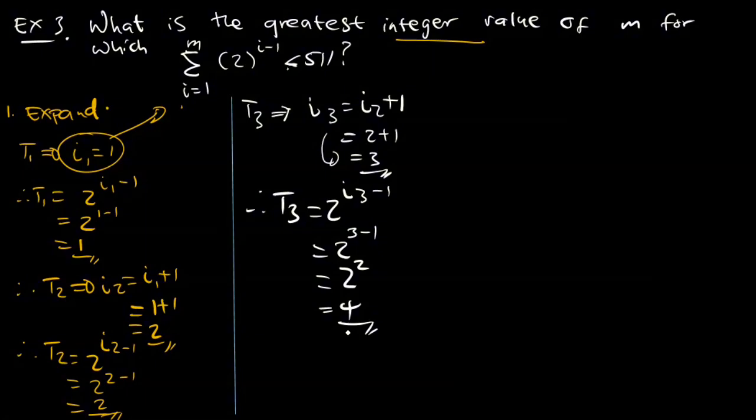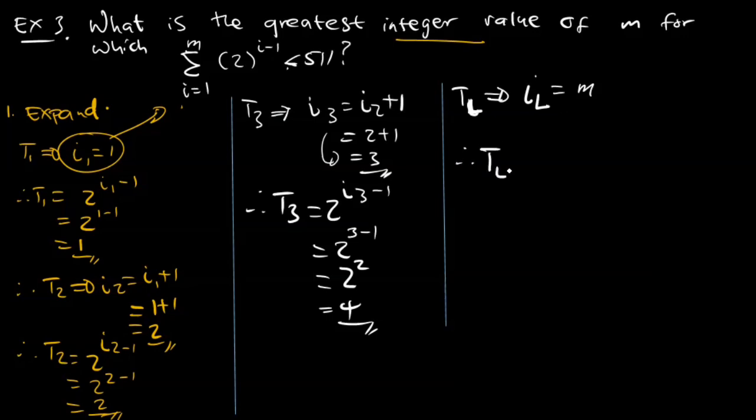Okay? And therefore, the last part, so the last part would be TL. IL will be M. That is the top number, right?